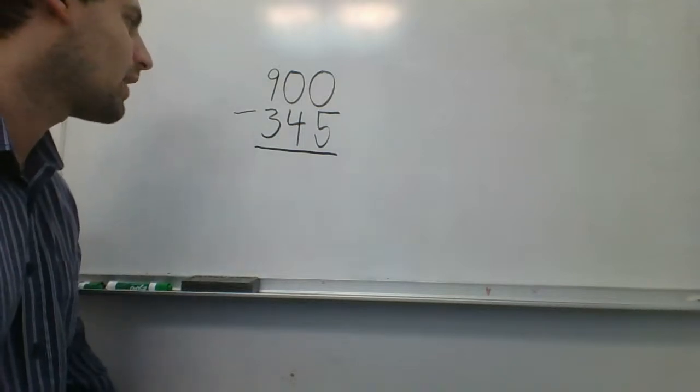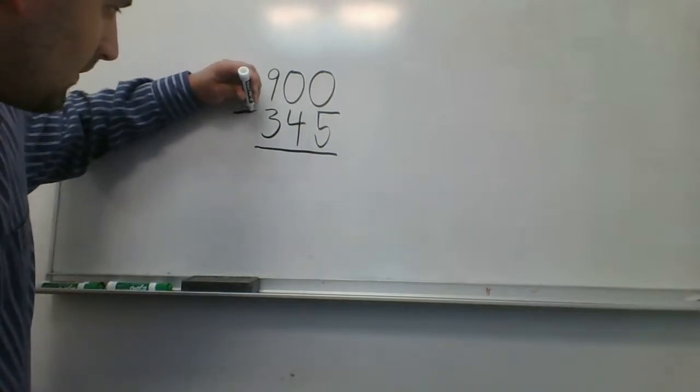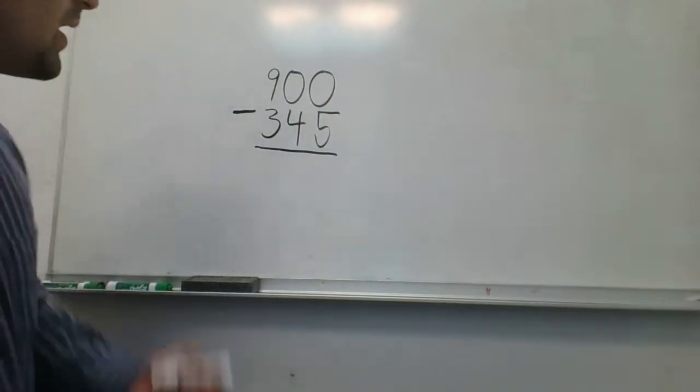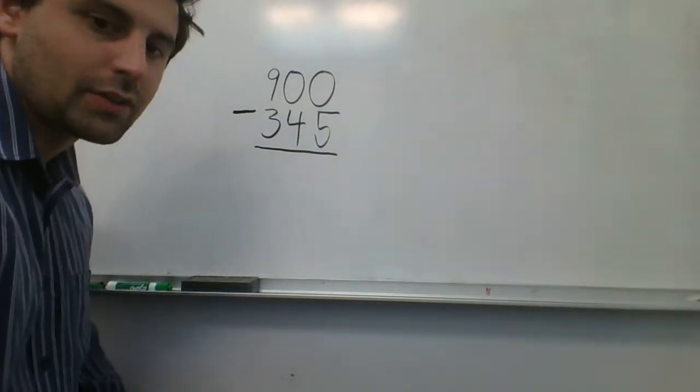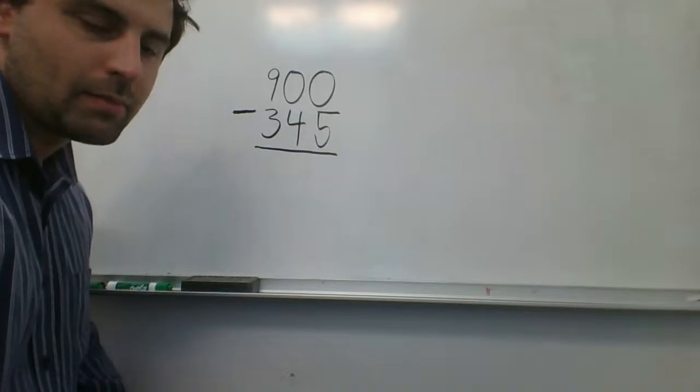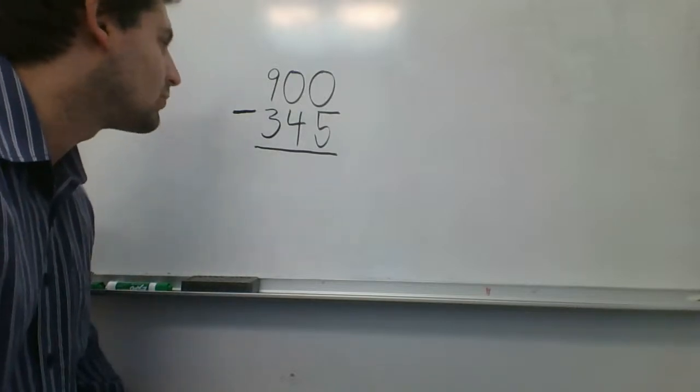As you can see in this problem, in the tens and ones place, the bottom digit is bigger, so regrouping is needed. Let me make my minus sign a little neater here. I always start out by regrouping and making sure all the top digits are bigger than the bottom digits, and then I go into the subtraction. I'm not even going to subtract anything until I do all of my regrouping.